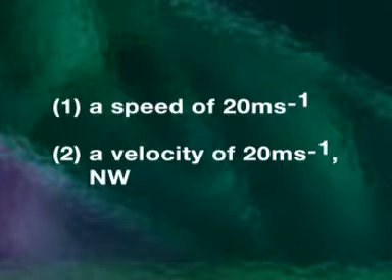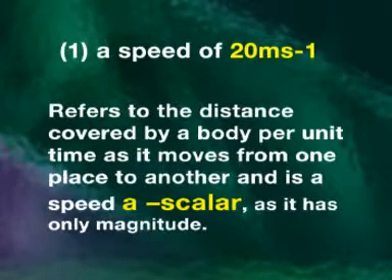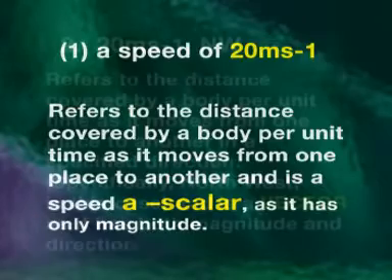And let's consider 2. A velocity of 20 meters per second northwest. 1 refers to the distance covered by a body per unit time as it moves from one place to another place. And this is speed, a scalar quantity, as it has only magnitude.